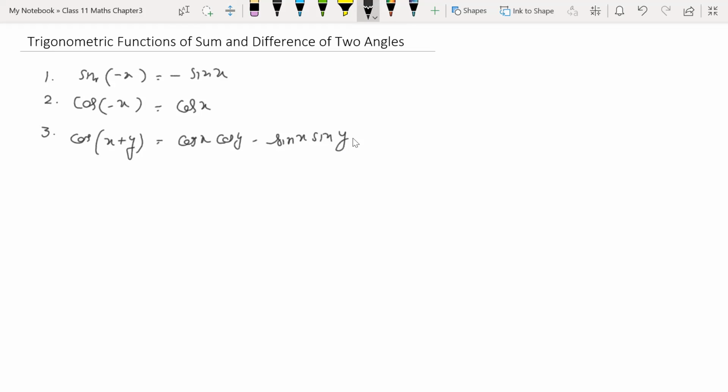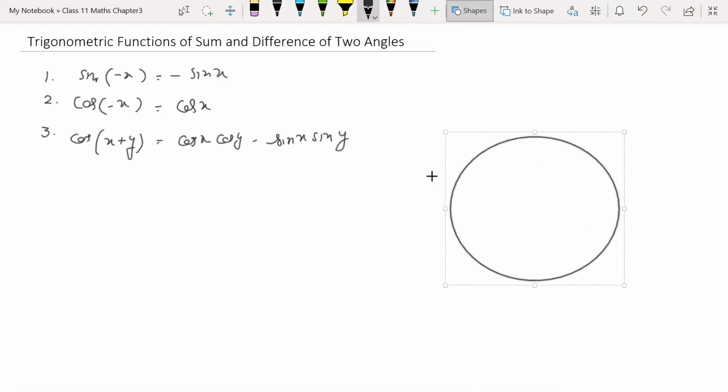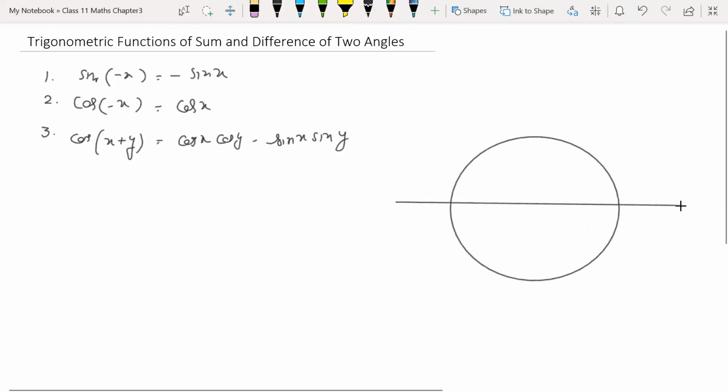How would you prove it? First of all, let's consider a unit circle. A unit circle means a circle having one unit radius.